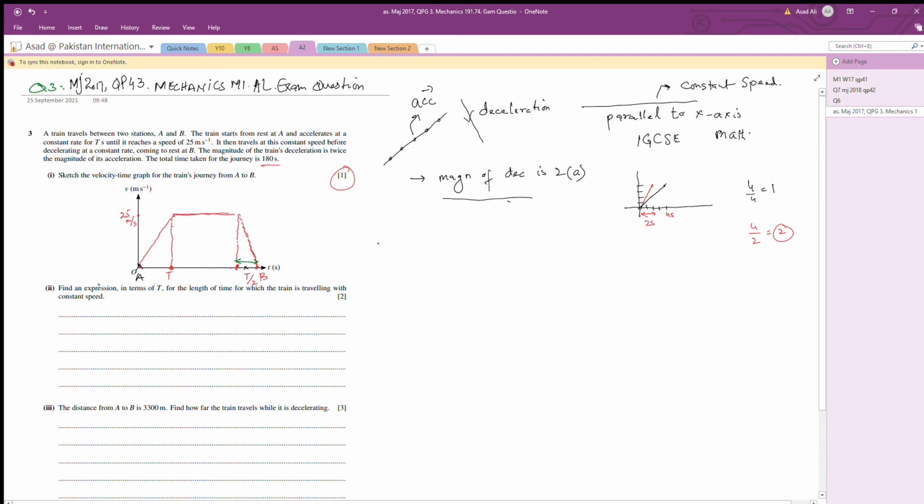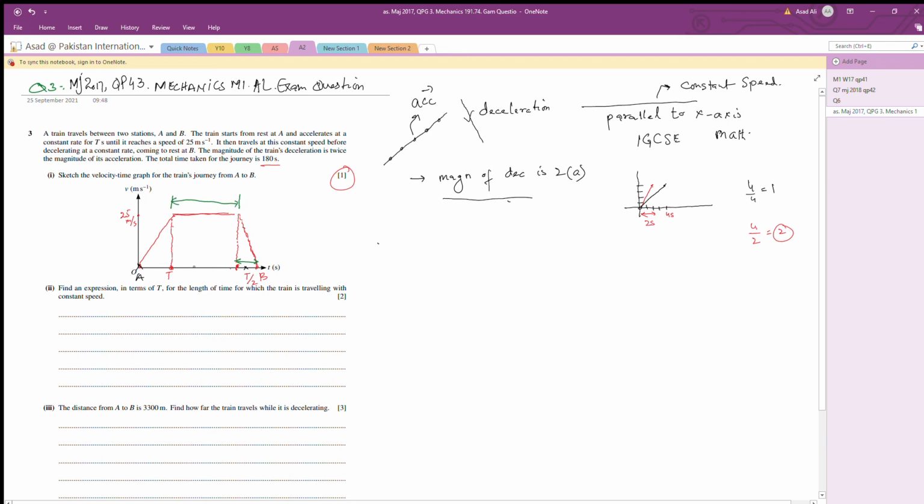Okay, so they say find an expression in terms of t for the length of time for which the train is traveling with constant speed. They want the time from here to here. So this time is required.